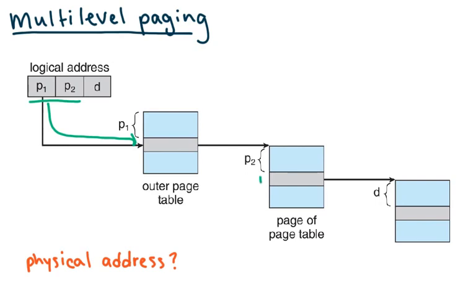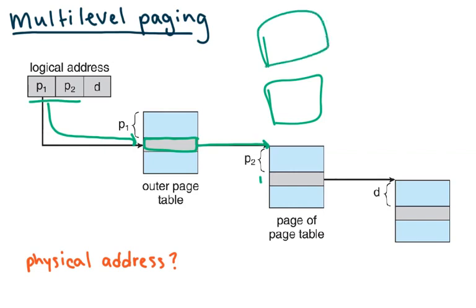So P1 is going to tell us which page table to go to, because there are going to be multiple page tables here. And then P2 is going to tell us where to go into that page table. Then the physical address is going to be a big conglomeration of these page numbers and offsets. These are all going to add together to finally become the physical address.